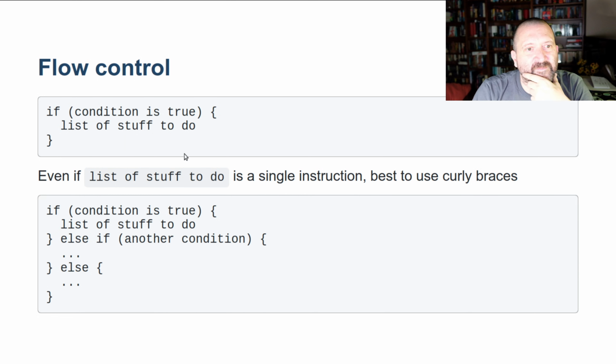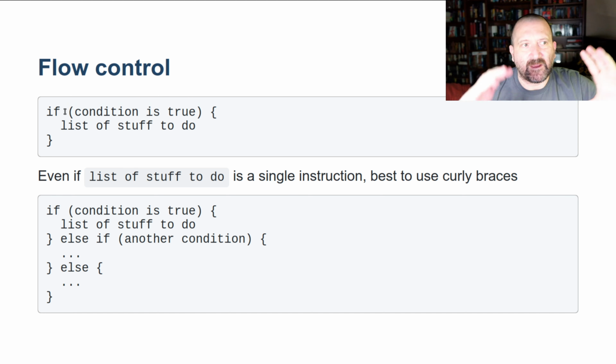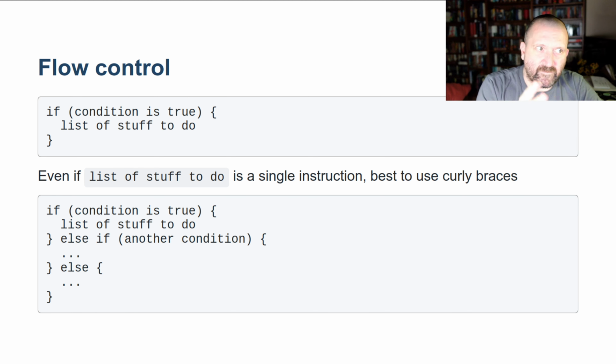Flow control is very classic. The condition that you want to check if it's true or not comes between parentheses. So it's always between parentheses, and what's between the parentheses needs to evaluate to true or false. So if that condition is true, then whatever you're executing afterwards is done.